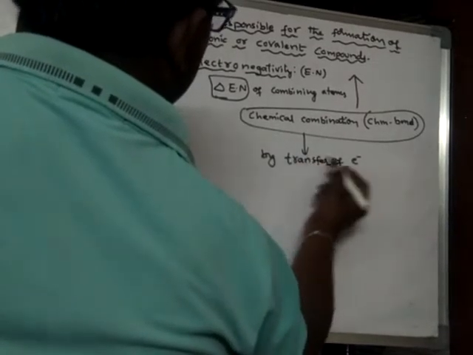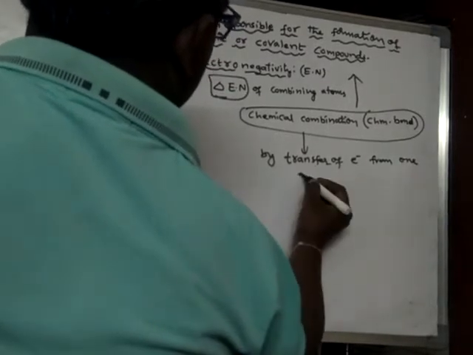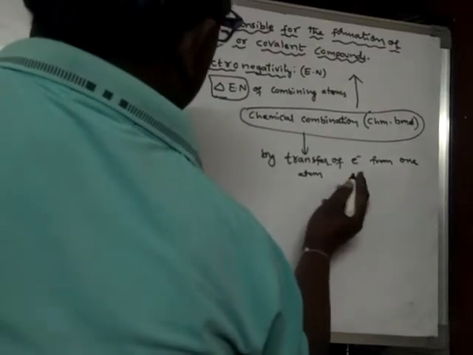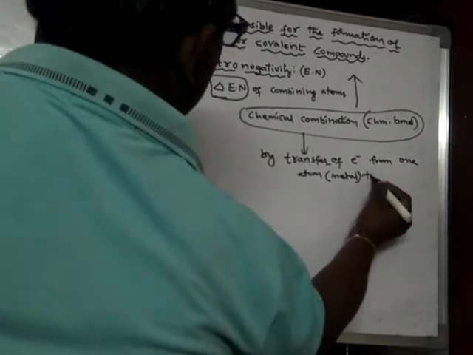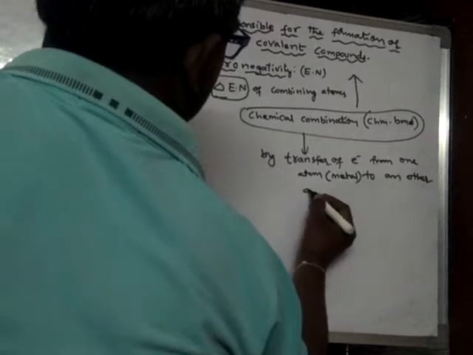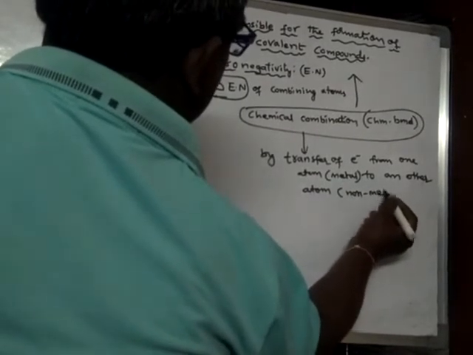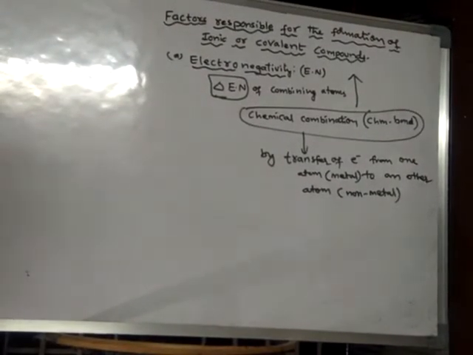Transfer of electrons from one atom, which atom? Metal, to another atom. The other atom is non-metal. So always electrons will move from metal to non-metal. So transfer of electrons will take place from metal atom to non-metal atom.